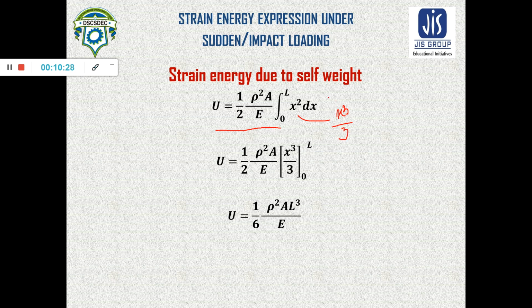The integration of x² is x³ by 3. If we put this value with the upper and lower limits 0 to L, that would give us U is equal to 1 by 6 ρ² A L³ by E.